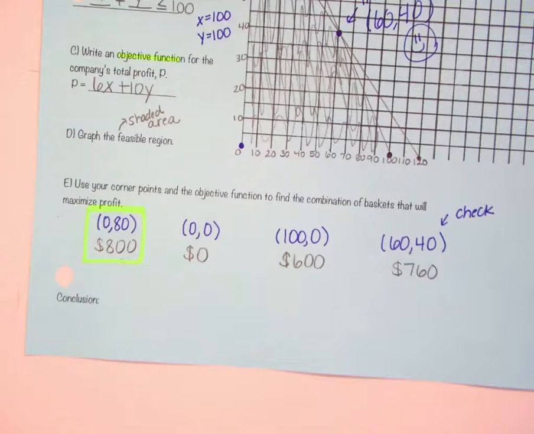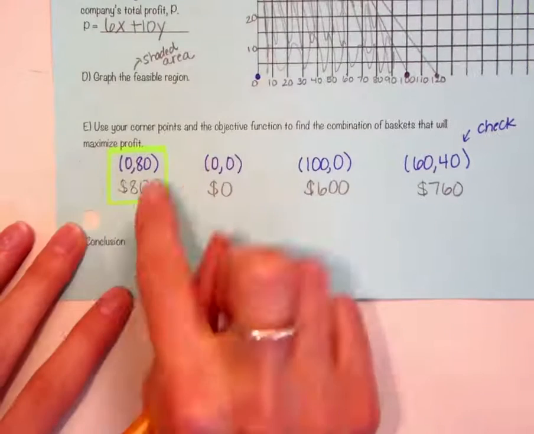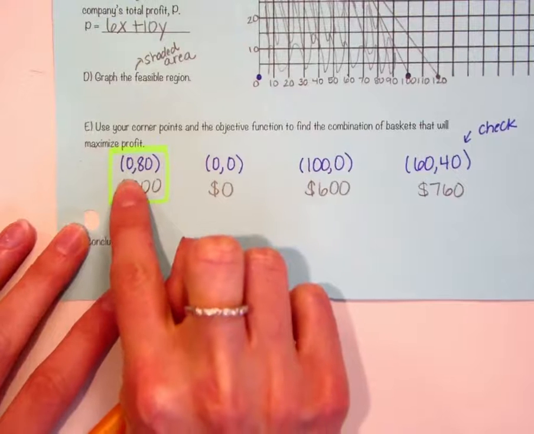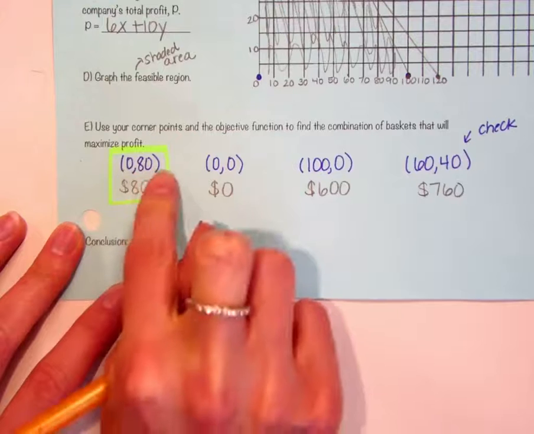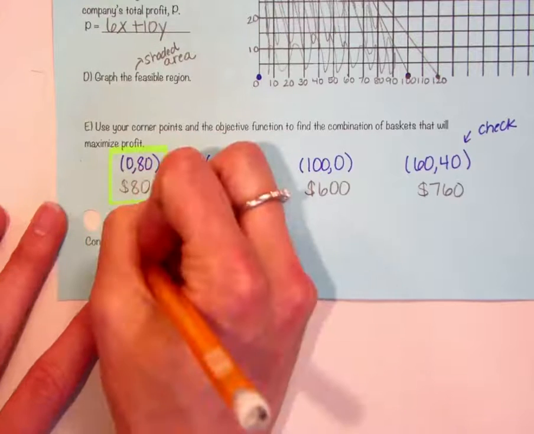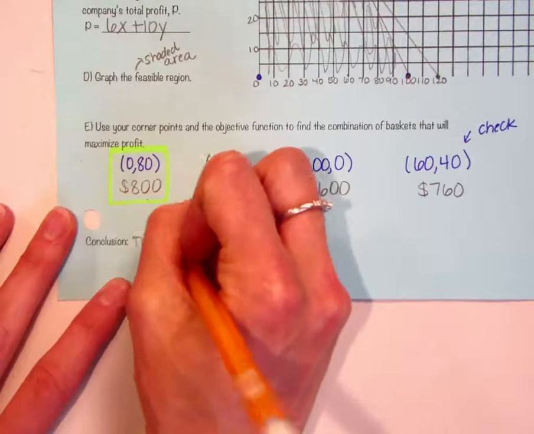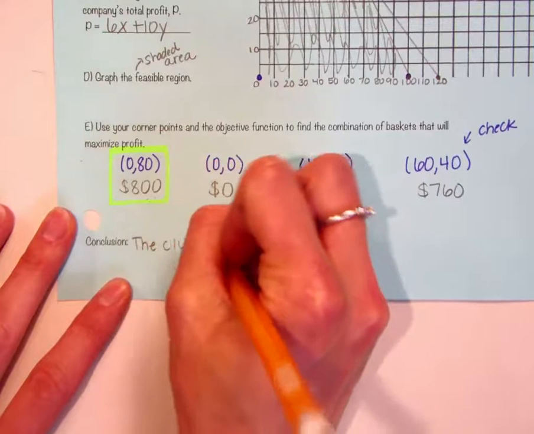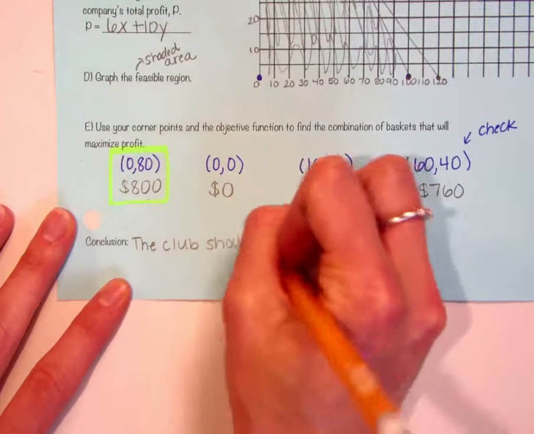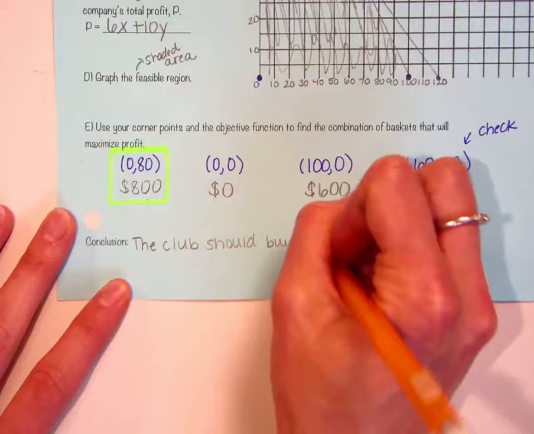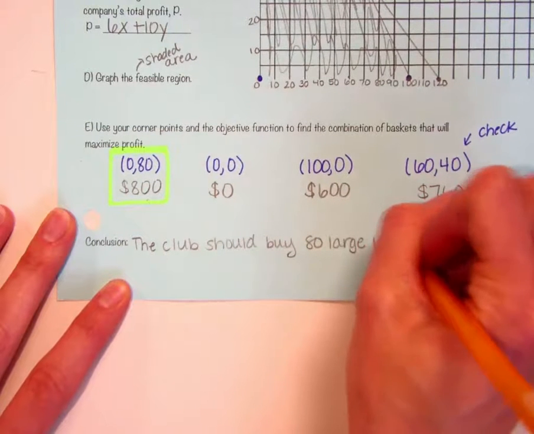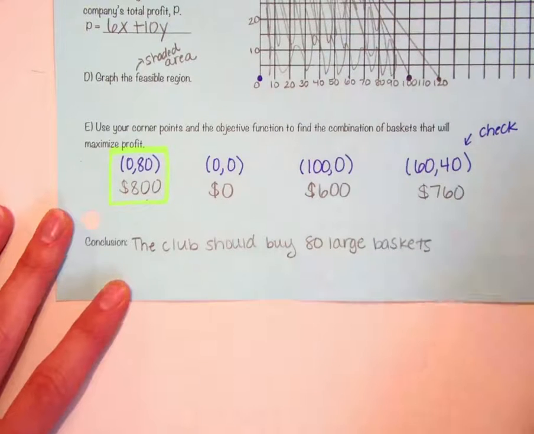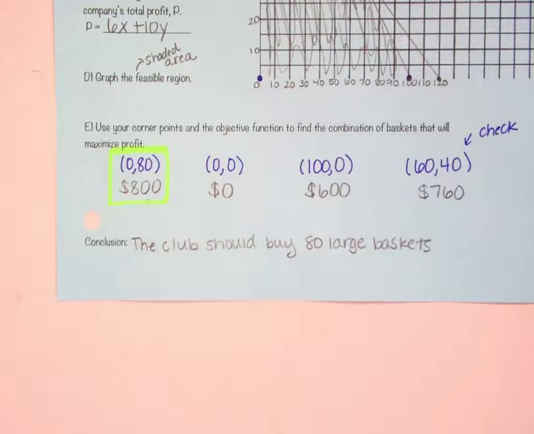Okay. So our conclusion then, we would think back to what we made each variable represent. This was our small basket, this was our large basket, so our conclusion would be the club should buy 80 large baskets and no small baskets.